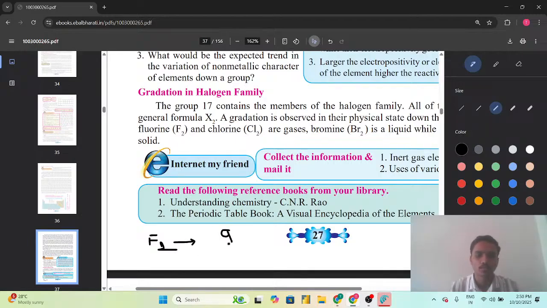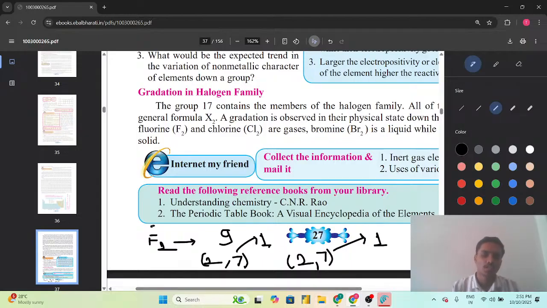Fluorine has atomic number 9, so the configuration will be 2 and 7, correct? And the other fluorine also has 2 and 7. So this needs one electron to complete its octet, and this also needs one electron to complete its octet. So they share their electrons with each other.